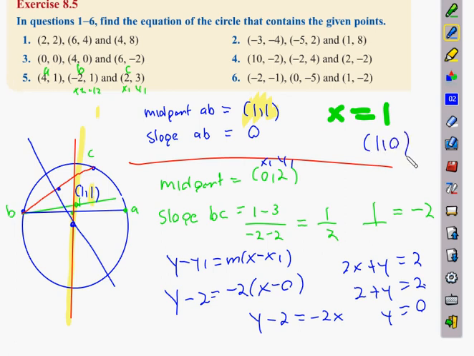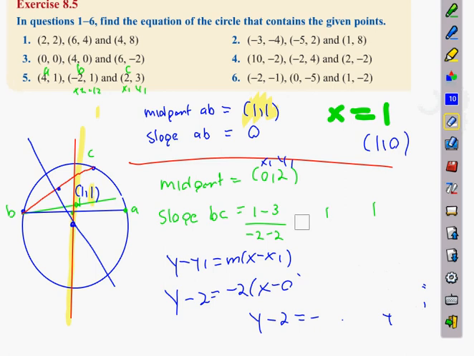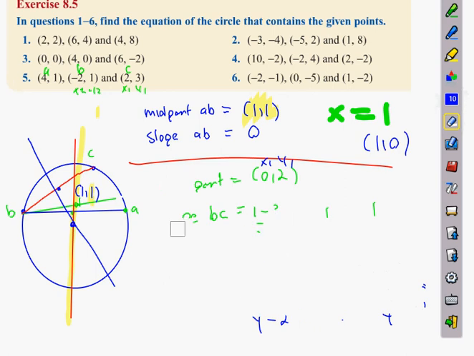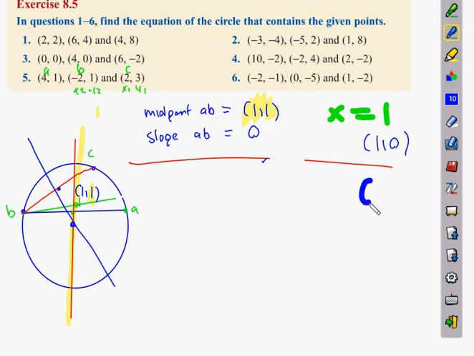Okay. Now the point 1, 0. We now have to find the radius, don't we? So this is the distance from 1, 0 to any point on the circle. The point on the circle we can use would be C. Let's use 2, 3, C, okay? So 2, 3, and we're going to get the radius from this.